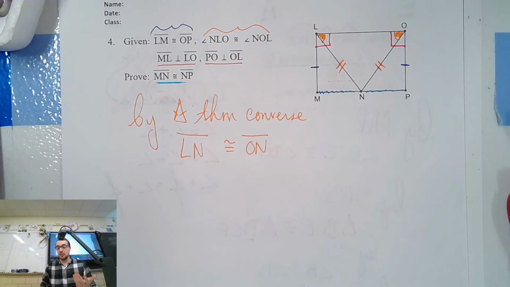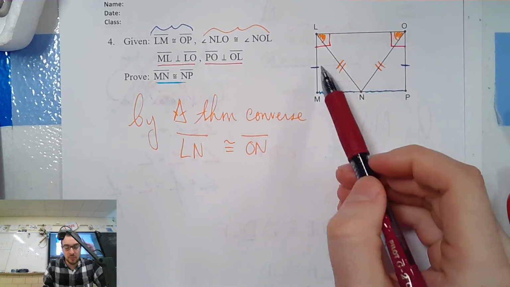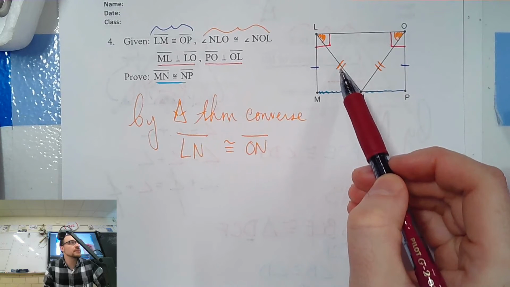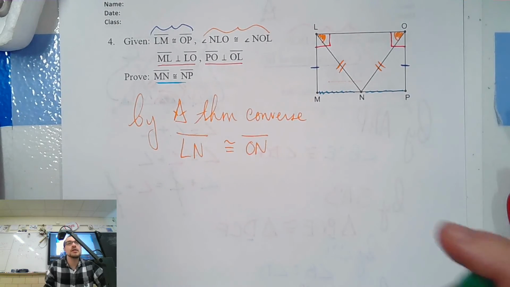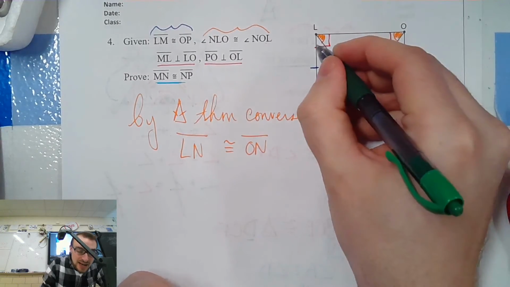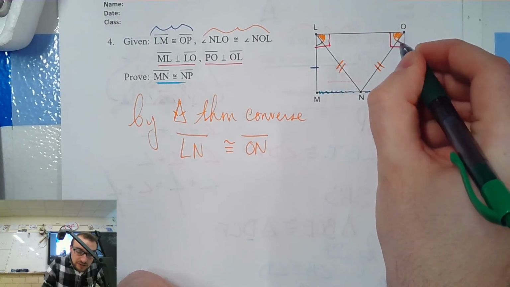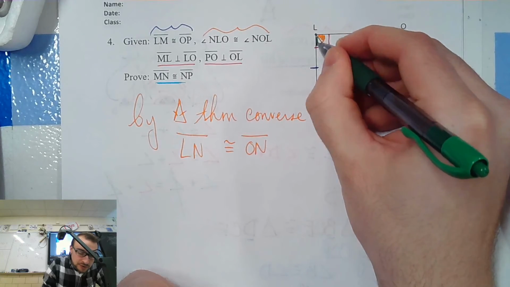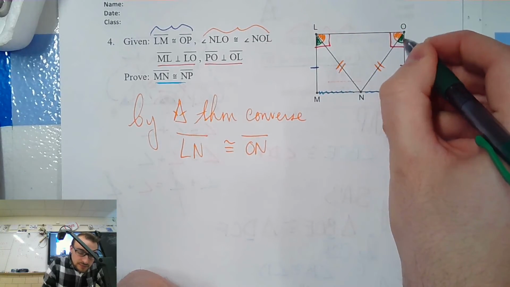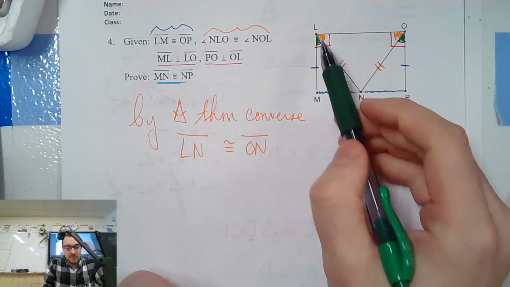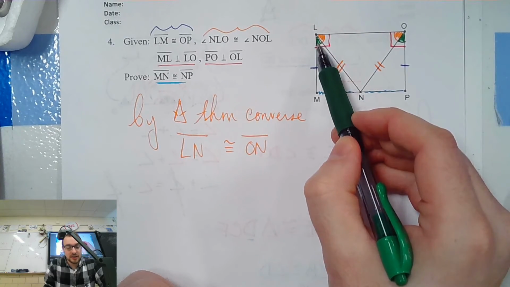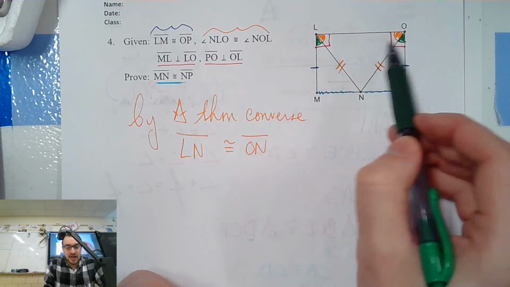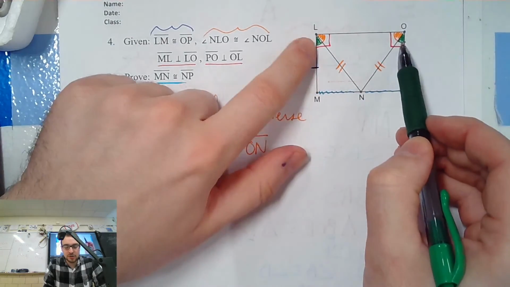All right? Now, do we have enough information to prove the triangles congruent? Nope. All we have is two sides, right? So, how can I get more information? I bet this angle and this angle are the same. And I bet I can prove it. If orange and green add up to 90, and if orange and green add up to 90, shouldn't those two angles be the same?